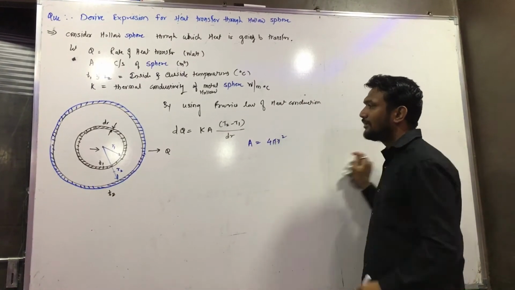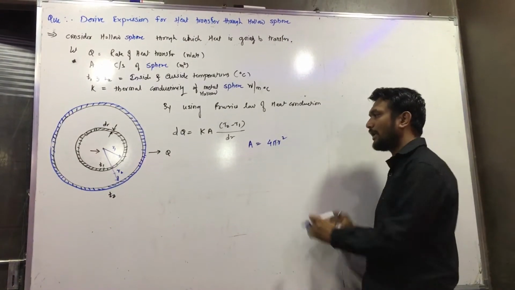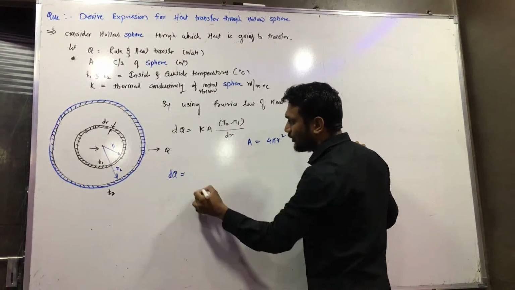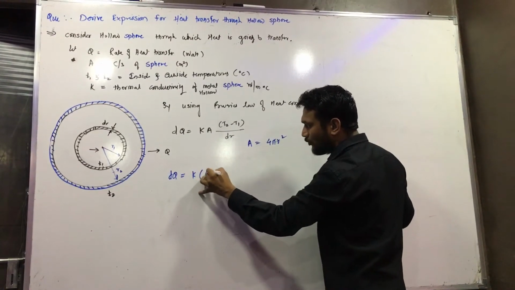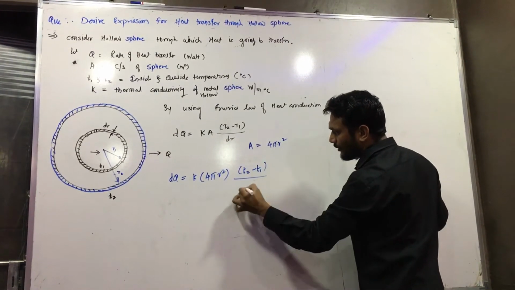So replacing that factor, dQ is equal to k (4 pi r square) (T2 minus T1) divided by dr.